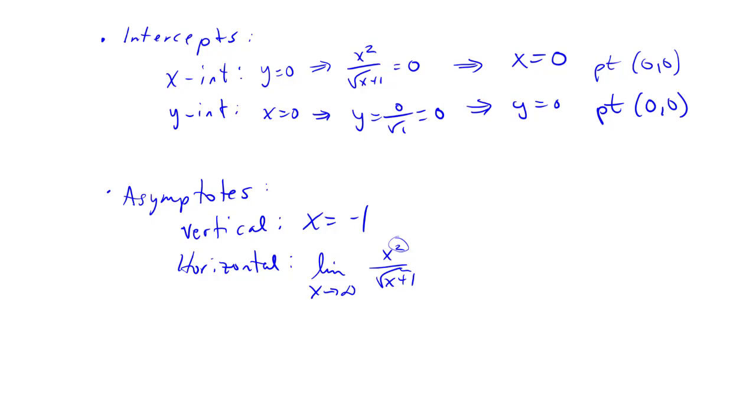We could divide through by the square root of x, which is pretty much the highest power in the denominator, but I can sort of just reason that the top is going to dominate, so we're going to get some type of infinity. As x goes to infinity, the numerator is positive for its x squared, and the denominator, square root of x plus 1, is positive. So we are going to get positive infinity as that limit. It does tell us that there are no horizontal asymptotes, but this is an important fact that we know, that as x goes to infinity, the function values go to infinity.